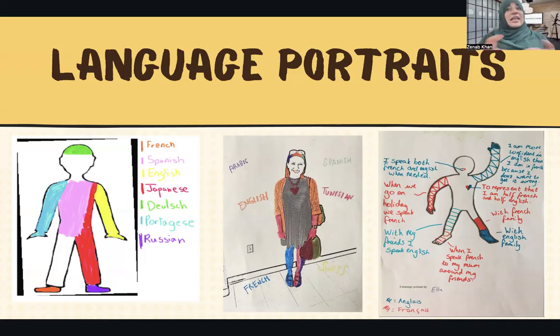It gives teachers a clear picture of each learner's language background, strengths, and needs. It informs planning. Teachers can design tasks that build on a learner's home language while scaffolding their additional language. This also affirms identity. It validates each child's culture and language, which motivates learning.